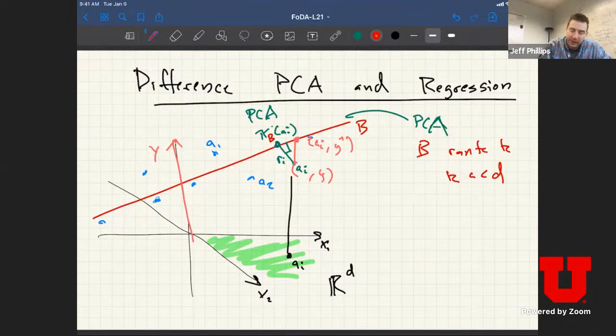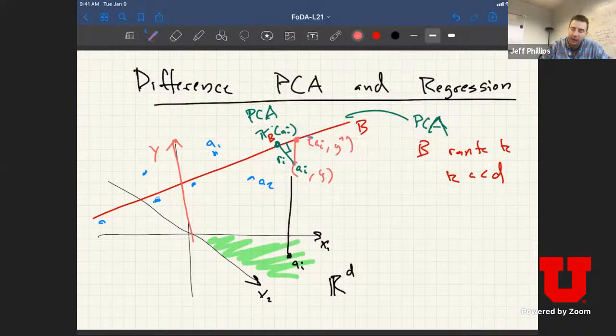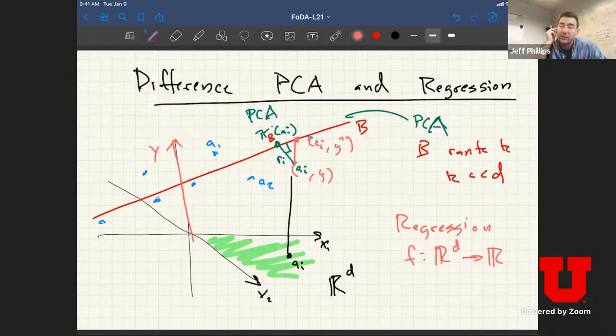What's different in regression, at least in linear regression, is I have a function from R^D up to R, which is Y. Sometimes you map to multiple dimensions. We won't talk about that in this class, but it's a function, which means that for every value a in two dimensions in this case, it maps to a different value in the y-dimensional space.